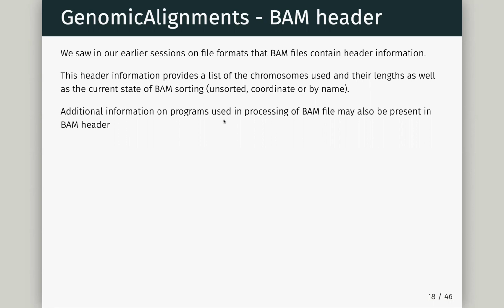So if you get a BAM file from someone else, or you download it from ENCODE, you can actually look in the header, and if they've been good, like ENCODE has, or like we are as a core, you will see that it has program information, how that program was run, and what version was run. So SAM files are reproducible in that way. They tell us actually how they were created.